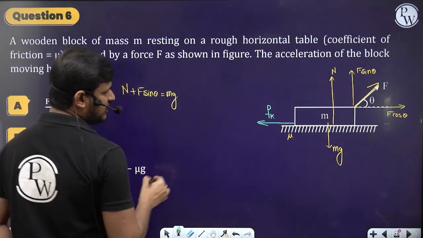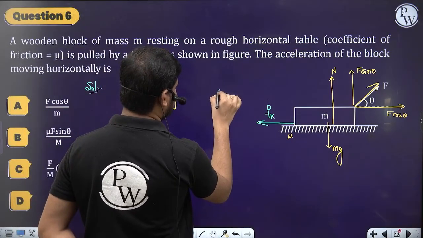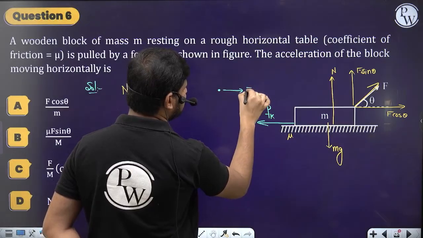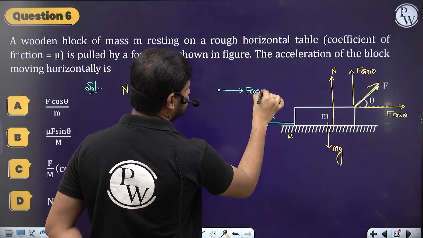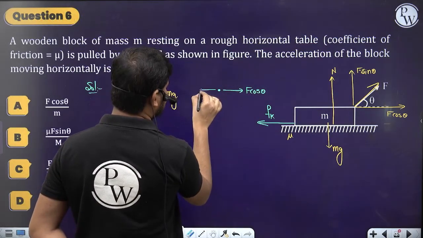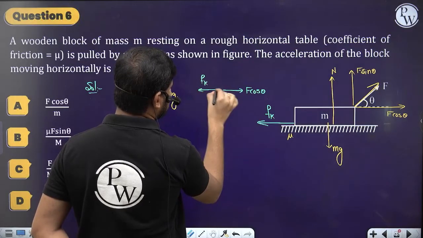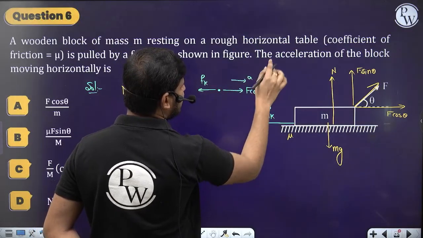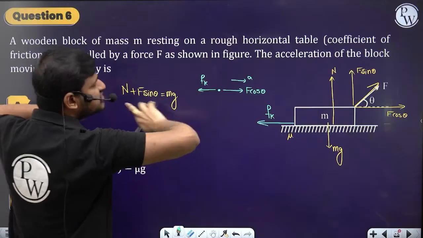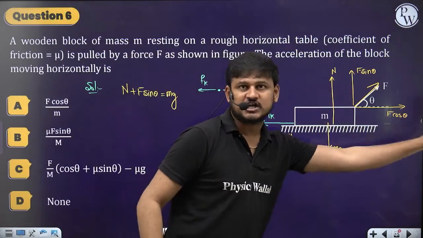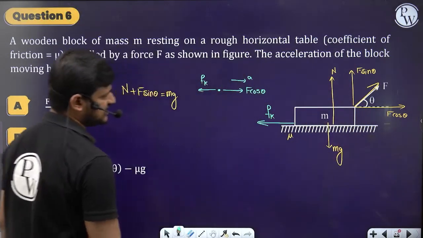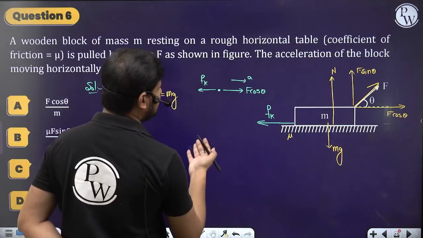So draw the free body diagram. The horizontal force is F cos theta, and the friction force is Fk. The body is accelerating to the right, the acceleration of the block moving horizontally. So shall we write the equation?